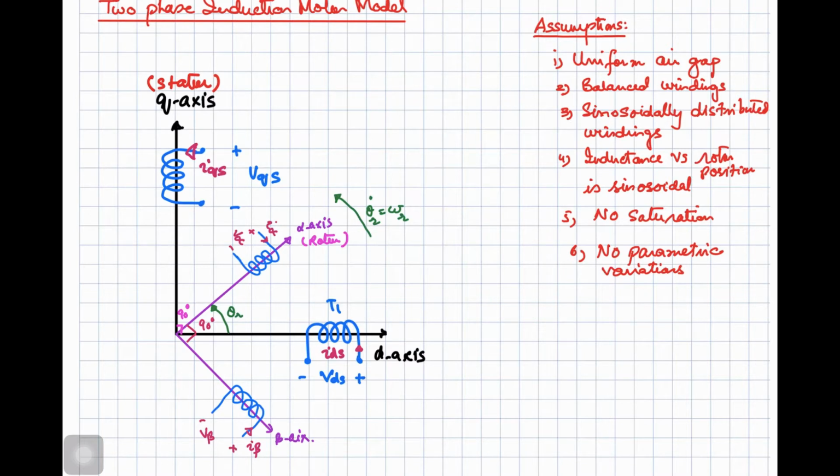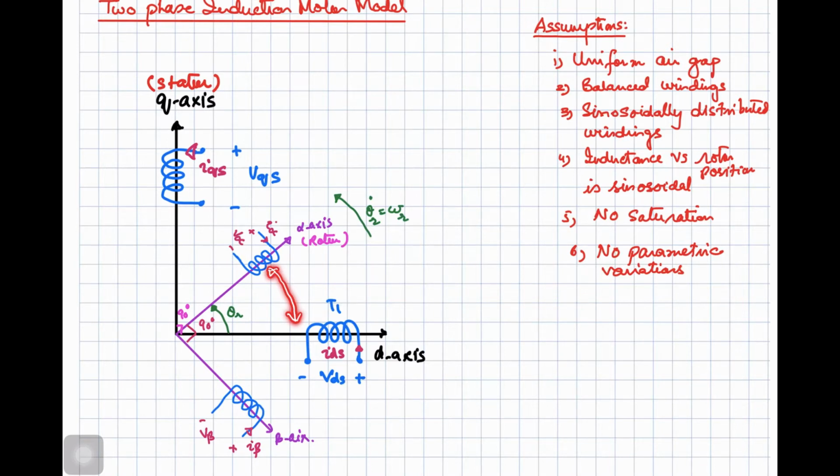Here we are going to make certain assumptions to simplify our analysis. The first assumption is that we have a uniform air gap, balanced windings, and sinusoidally distributed windings. Inductance versus rotor position is sinusoidal. What that means is that the rotor winding is rotating, definitely it's the moving part, and the stator winding is fixed, so the inductance will vary sinusoidally because of the variation of the flux linkage of the rotor winding with the stator winding.